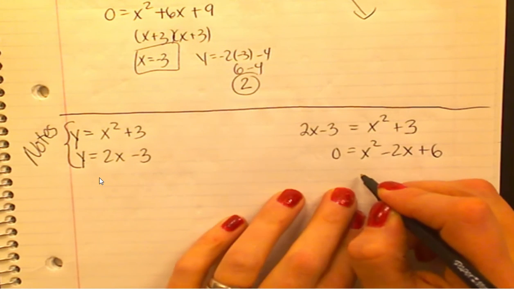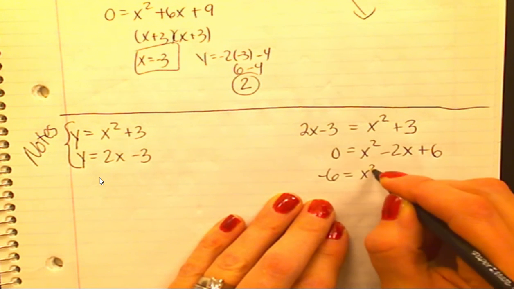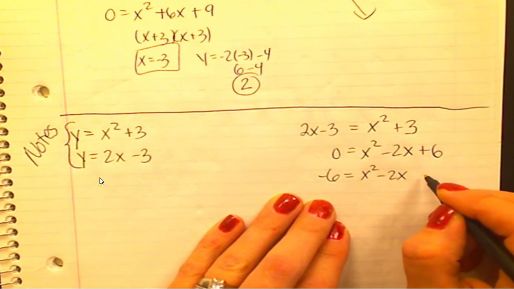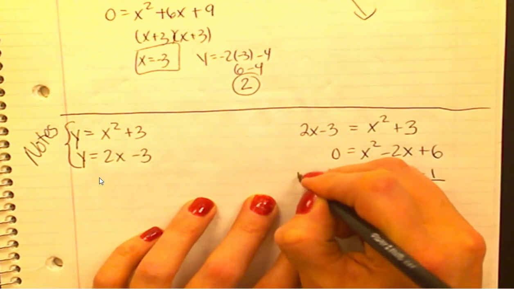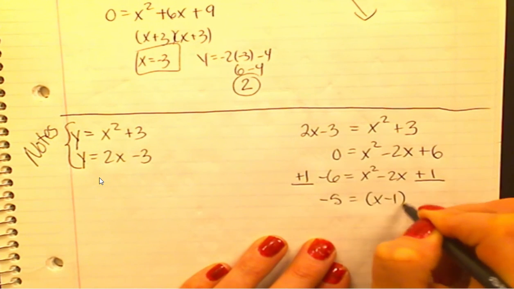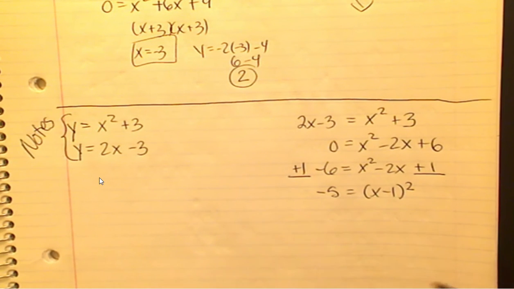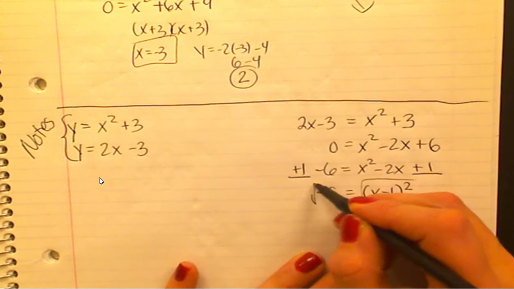So let's set up for completing the square in order to solve it. So plus 1, plus 1. And then I keep trying to solve it by isolating x because there's only one of them.